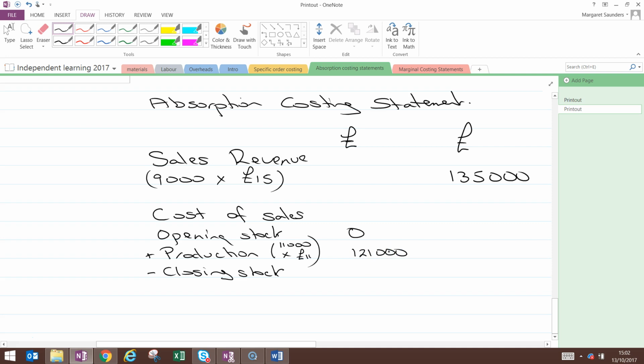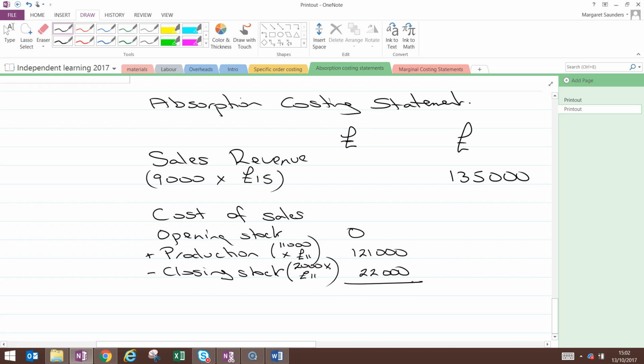In this example, we now have a closing stock because we've produced 11,000 units and sold 9,000, so we've got 2,000 left. They're still in the warehouse, they're stock. So those 2,000 units of closing stock are also valued at the production cost. So the closing stock, 2,000 units at £11, gives us £22,000.